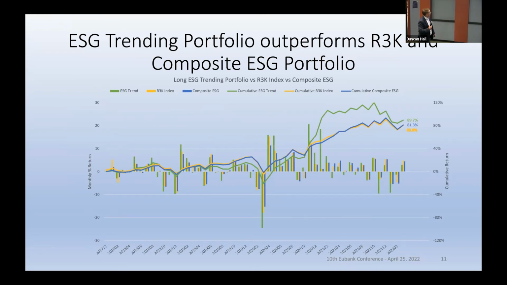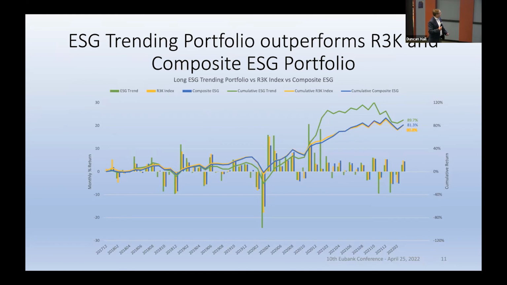So this is the long side here. The green line is the cumulative return of the ESG trending portfolio over the last 4.5 years. The orange line is the Russell 3000 index, and the blue line is the crowdsourced composite ESG portfolio, which you could implement simply by buying the 19 funds and ETFs weighted relative to their AUM.